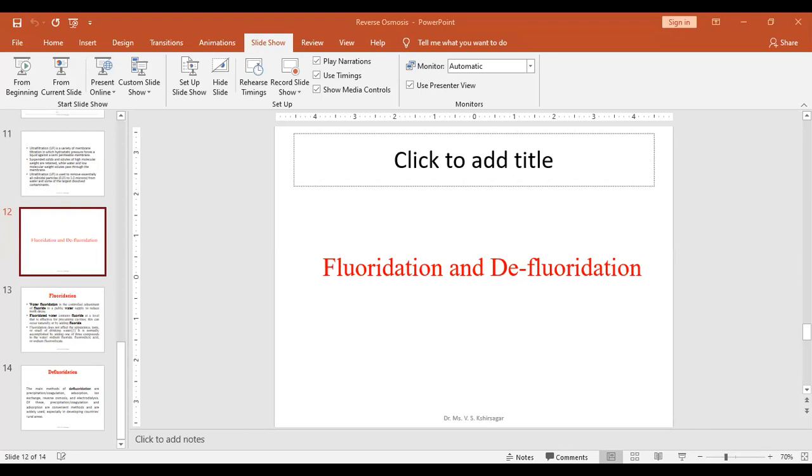I request everybody to please note down, for MCQ type of questions this is very important. Fluoride in water must be in the range of 1 to 1.5 milligram per liter.